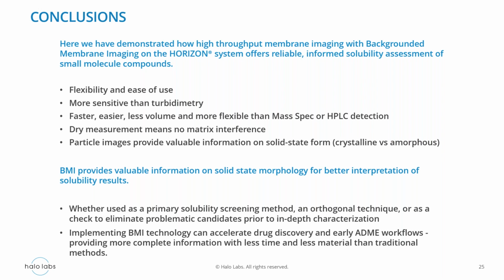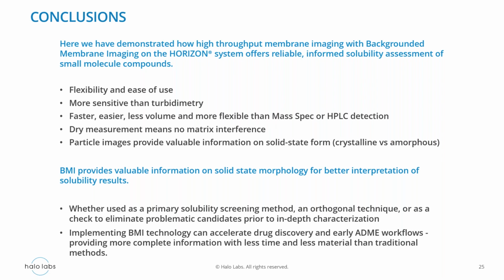Our system is more sensitive than turbidimetry, and it's definitely your first choice that you should use before taking samples to other orthogonal tests where you want to see at the molecular level what's happening. It's faster, easier, it uses less volume. These are dry measurements, so there's no matrix interference.